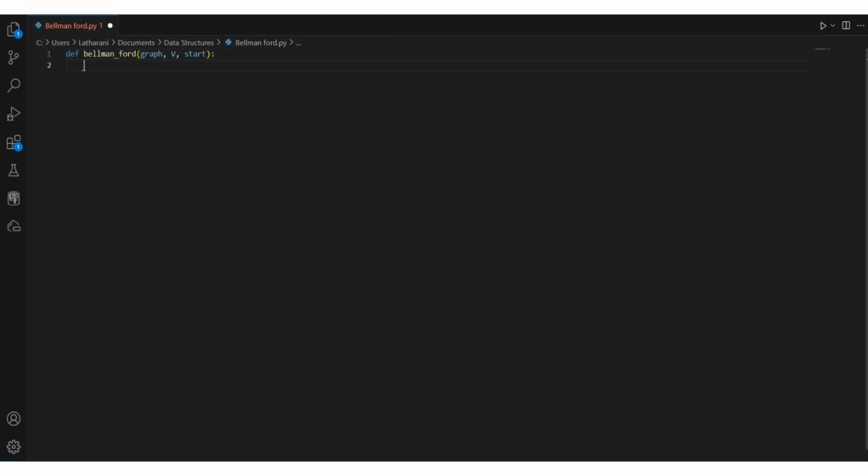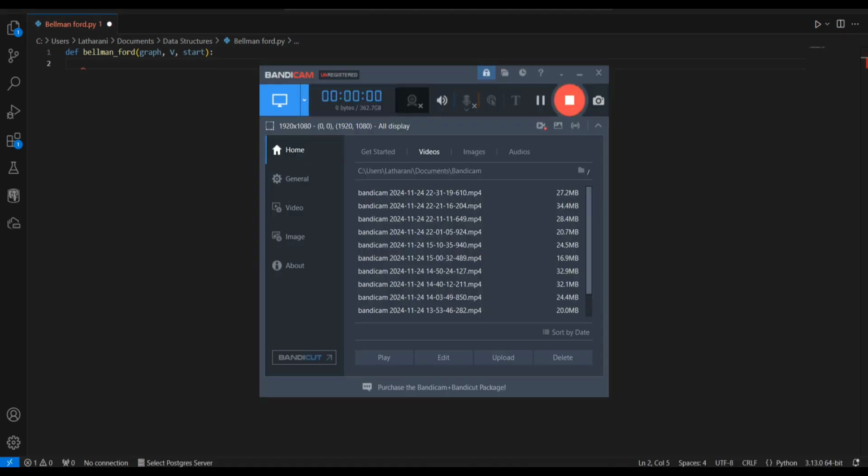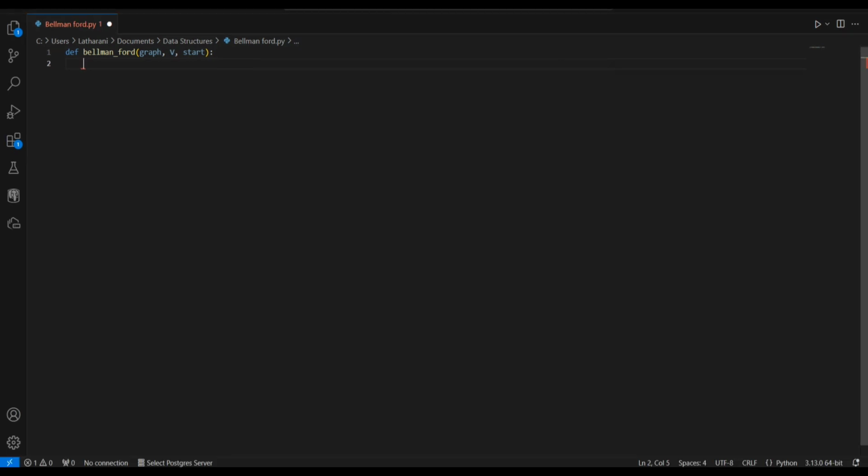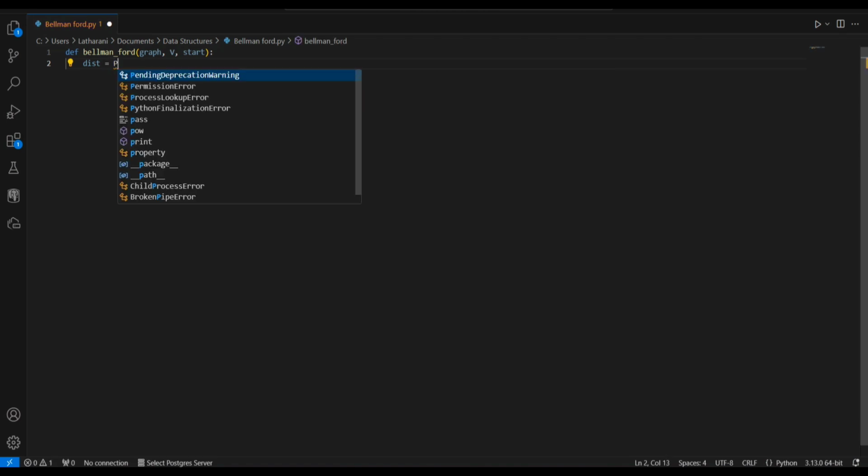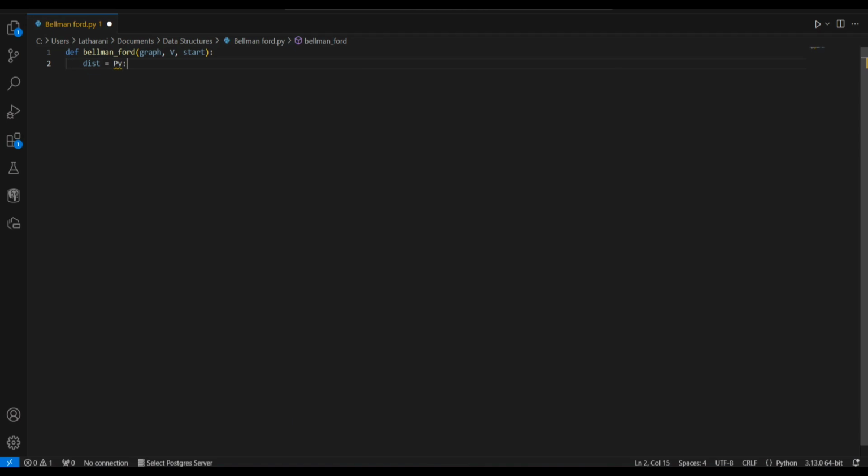We move on to the implementation. First, we need to define bellman_ford with graph, V and start as the parameters. It initializes the distance from the start to all other nodes as infinity.